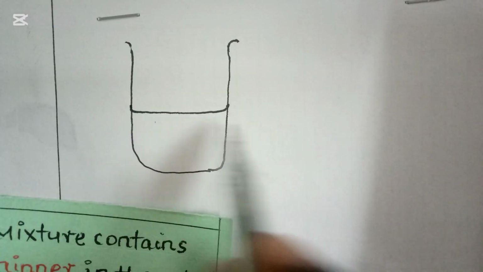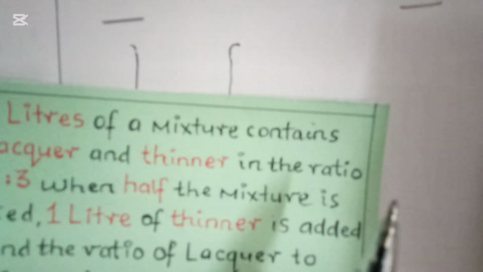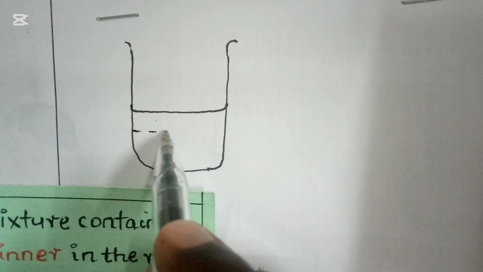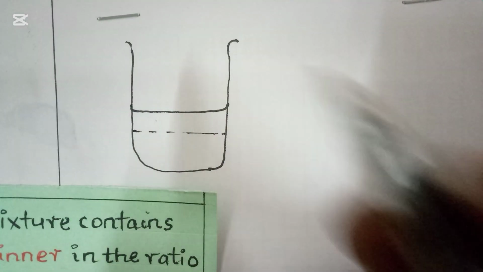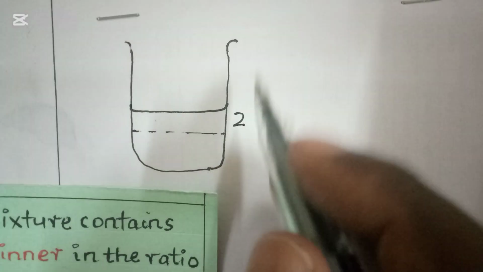assuming that they have not yet mixed, guys, we shall have, according to the question, the liquor is supposed to be 2 parts. So I can divide this one in this way. I can call this 2 parts to be liquor.